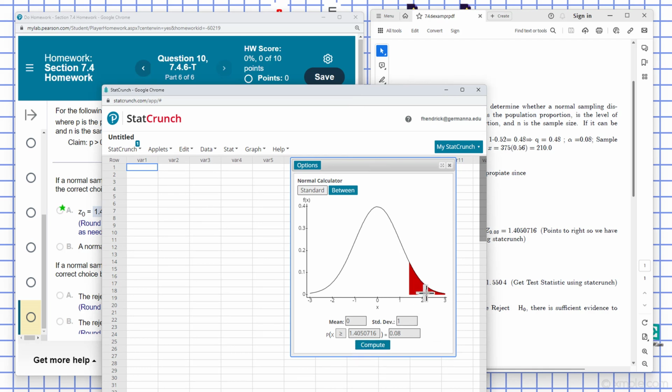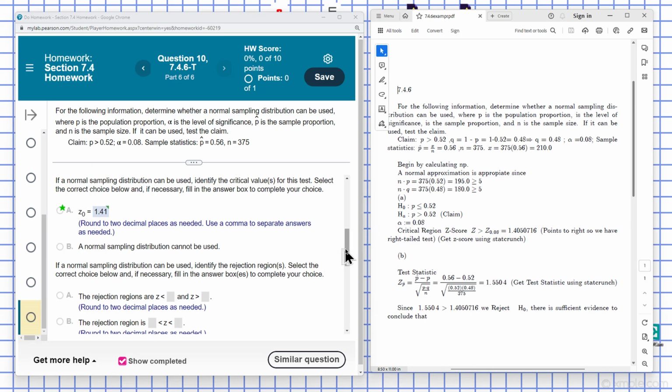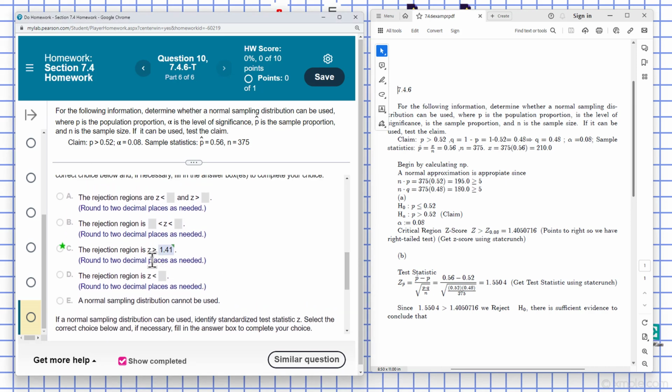All of this is our rejection region, greater than that, and there's the area for it. You can see it right here.